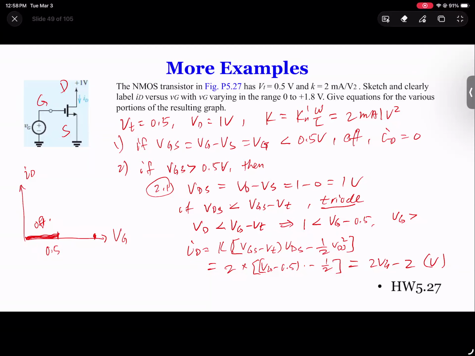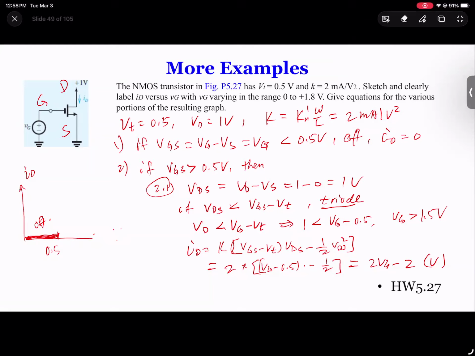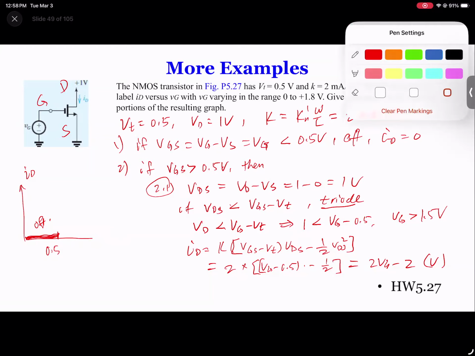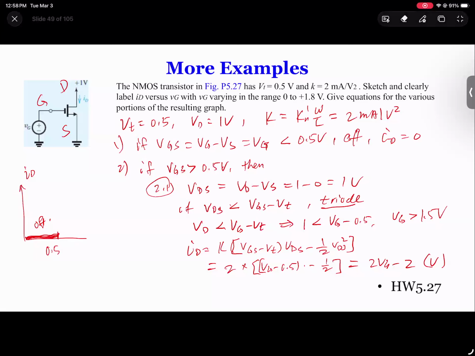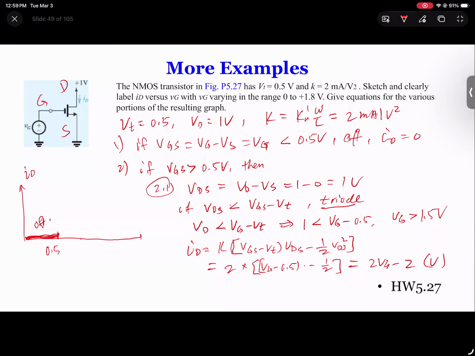1.5. Okay. So VG is 1.5, it has to be larger than 1.5 to be in triode.